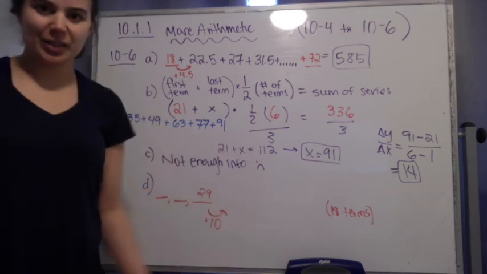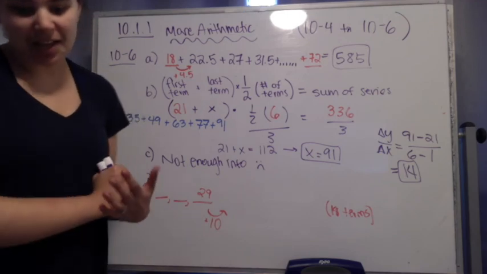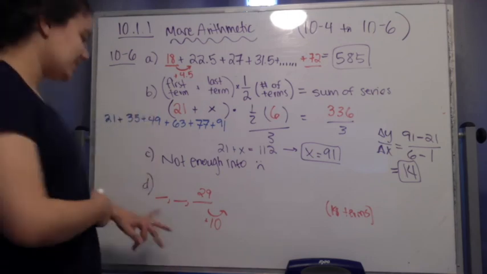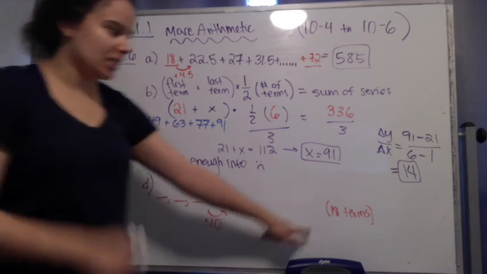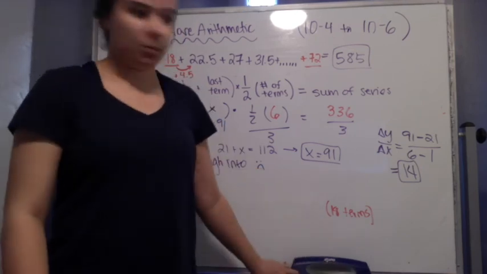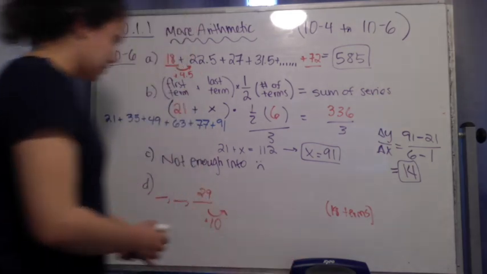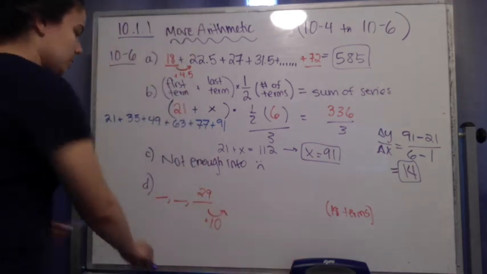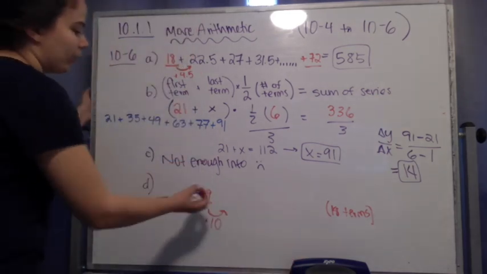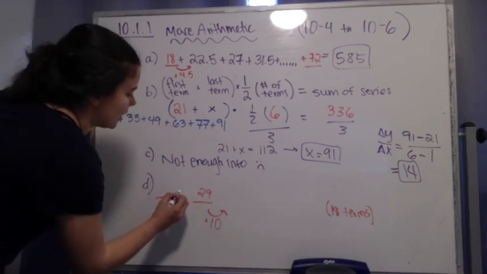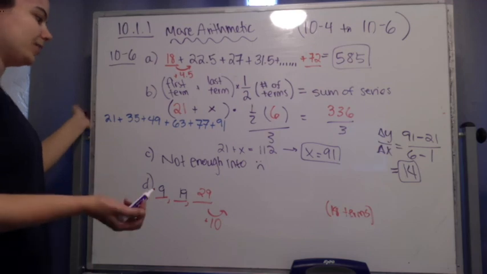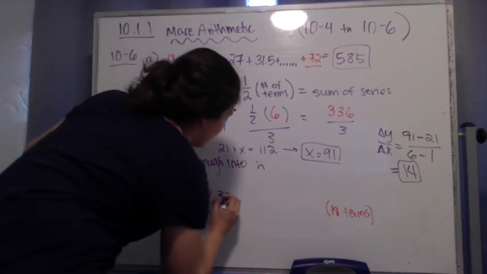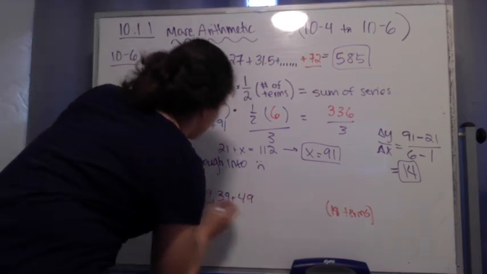Yay, we don't have to do anything because we can't. And then part D, they tell us the third term, they tell us the common difference, and then they tell us how many terms there are, which is plenty of information for us. So what we can do, if we know we're adding by 10 going forward, go back to find 19 and 9 as the first two terms. And then just keep going. We're going to add 39 plus 49.